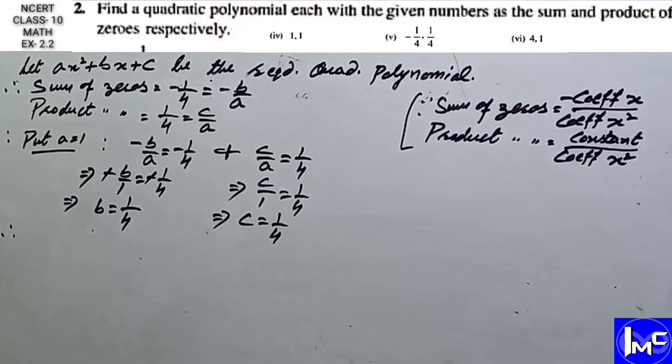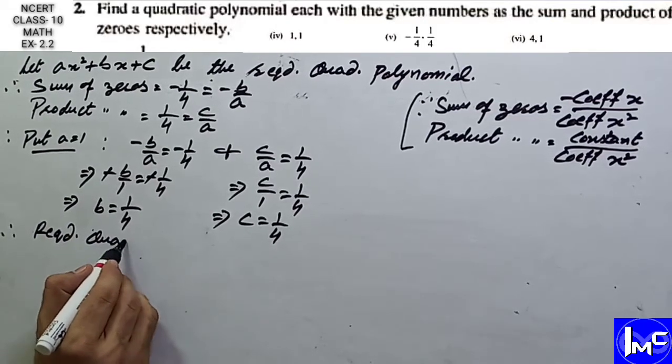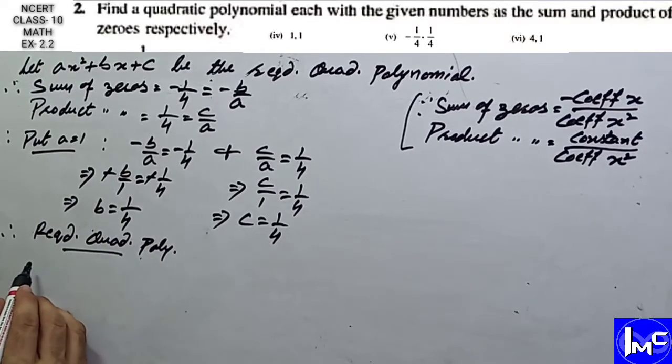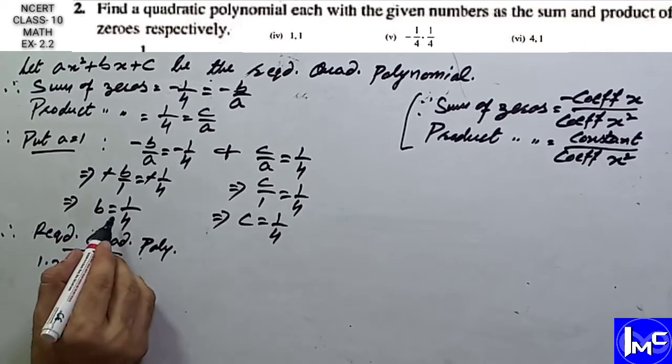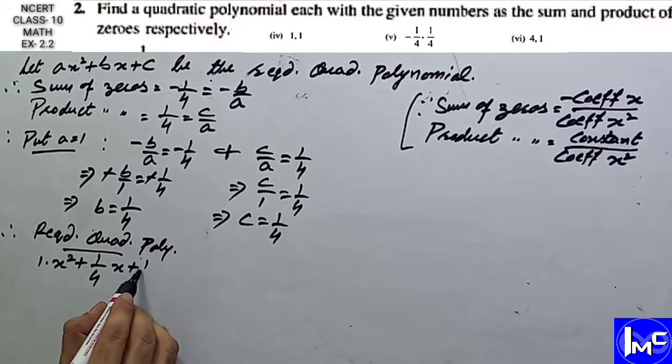Therefore, required quadratic polynomial, that is ax square, a is 1, plus bx, b is what? That is 1 by 4 x plus c, that is 1 by 4.